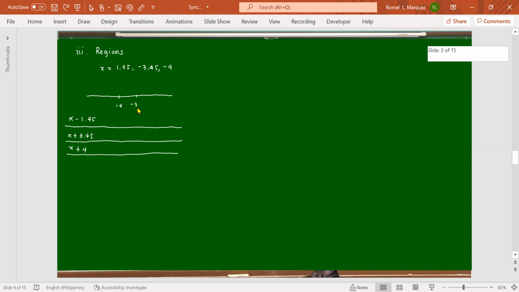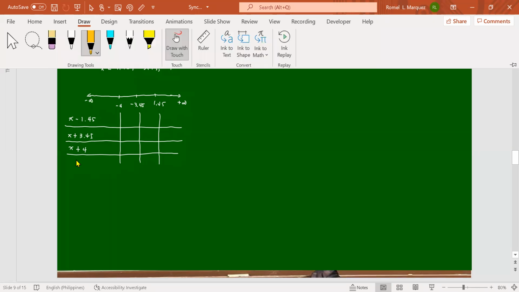Mas accurate ang graphing sa calculus kasi sa calculus masosolve mo yung pinaka-maximum, minimum. 1.45. Ito yung positive infinity to the right, negative infinity to the left. Okay? Ito yung y here.